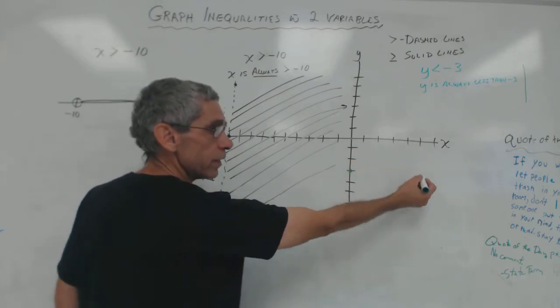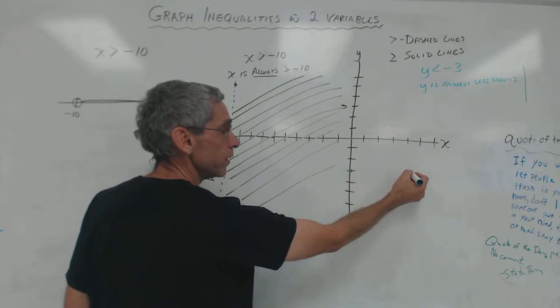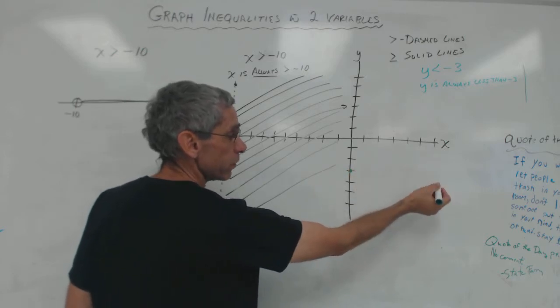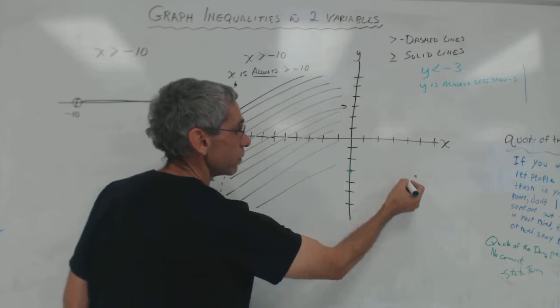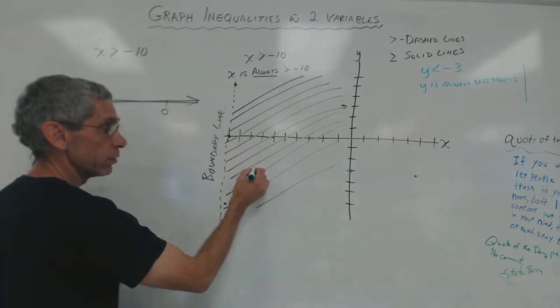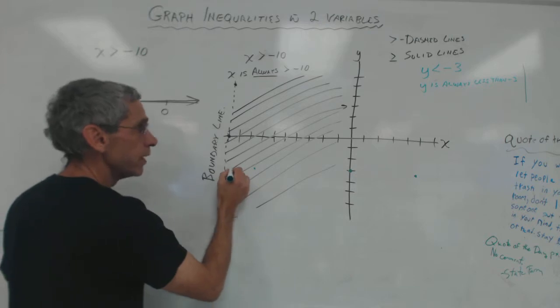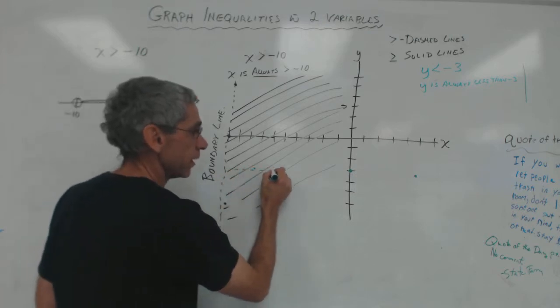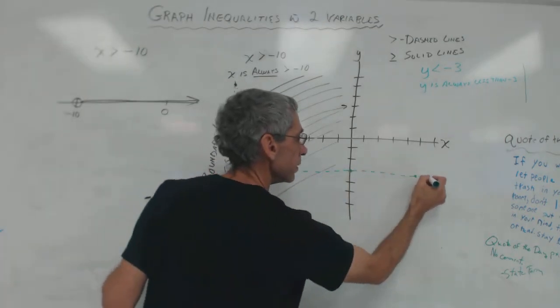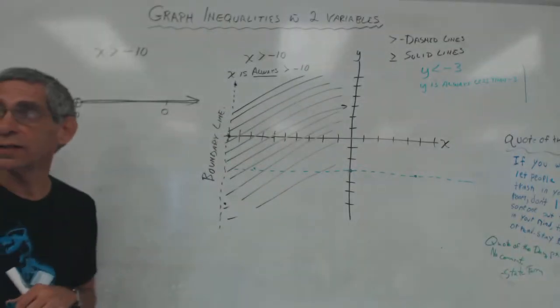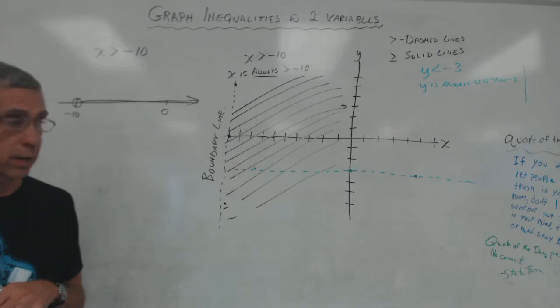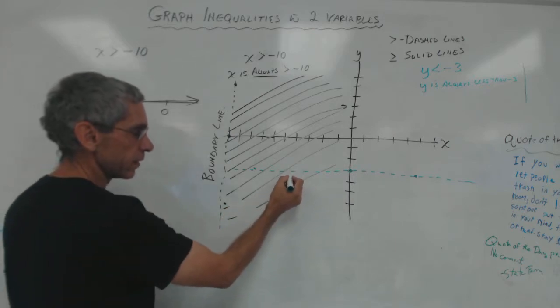But if I'm over here, I'm not always going to be on the y-axis. Over here I might be somewhere else. Y is always going to be less than -3 here too. So I'm going to have to put a dotted line here, right? And it says y is less than that. Which way would I shade? Down.